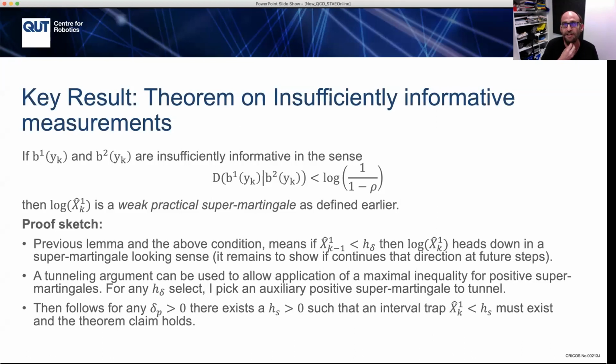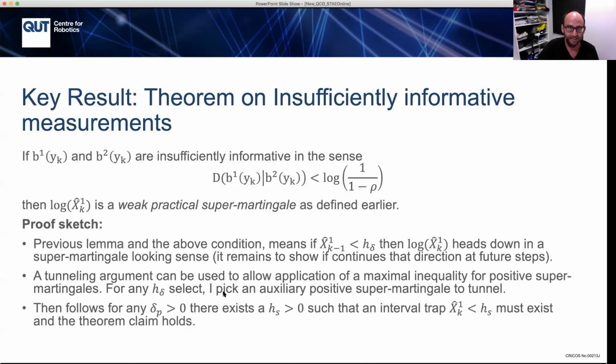The way this goes is you choose, for any selected h at delta, this auxiliary function, which is a tunnel underneath. At the time we wrote this paper, I hadn't realised that I could have called this a comparison function, but I've since learned that maybe that's what it should have been called.